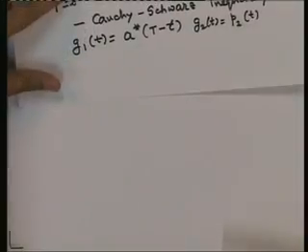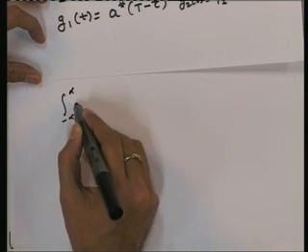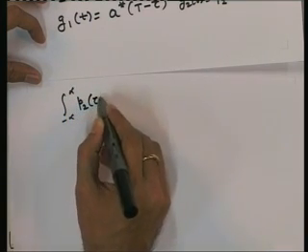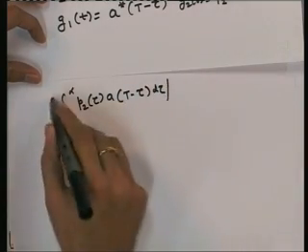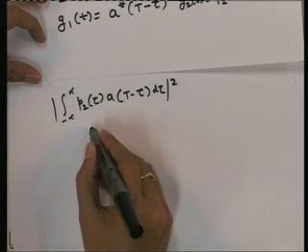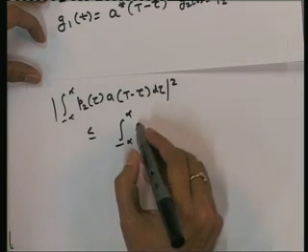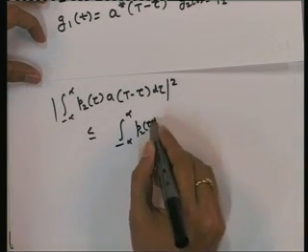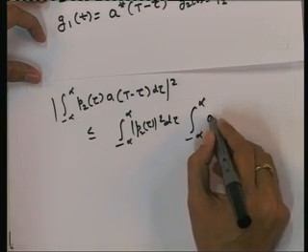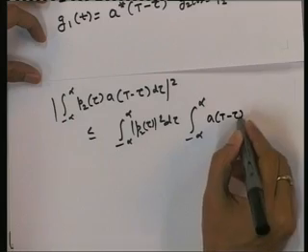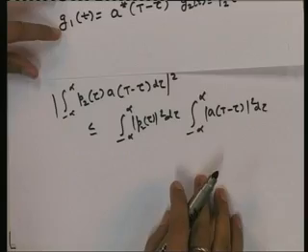So using this, the Cauchy-Schwarz inequality tells us that the integral of p2(tau) A(t minus tau) d tau, whole square, will be less than or equal to the integral from minus infinity to infinity of mod p2(tau) square d tau times the integral from minus infinity to infinity of mod A(t minus tau) square d tau. We put A star or not, it does not matter, because when you take the mod square it is the same thing.